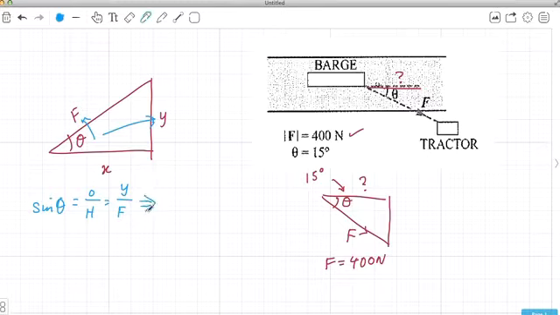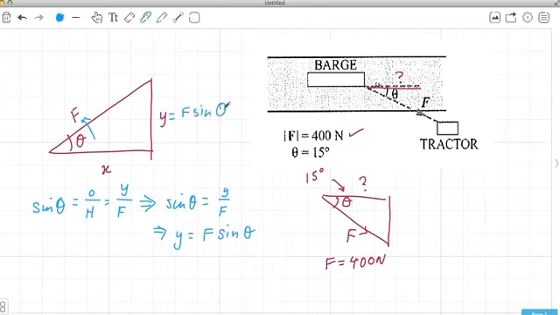Now rearranging this, we've got sine theta equals y over F, which implies that y equals F sine theta. That helps us, because if we know the hypotenuse and we don't know a side, we can say this side is opposite the angle, so it's F sine of the angle.